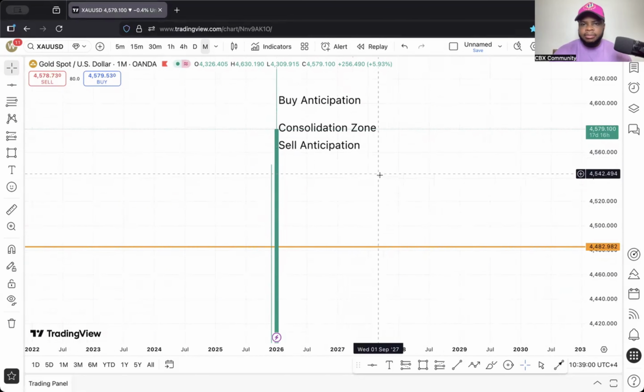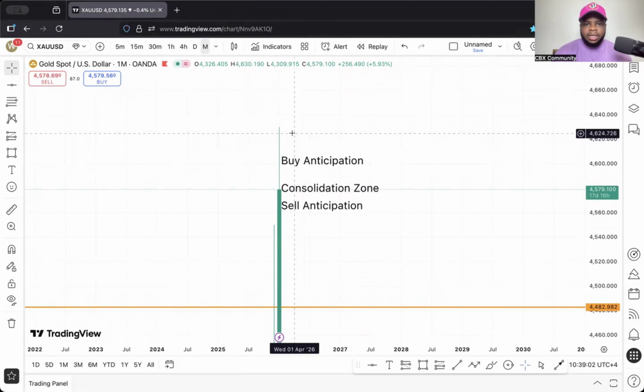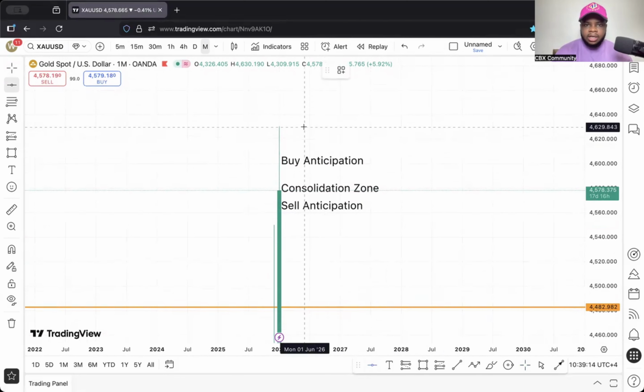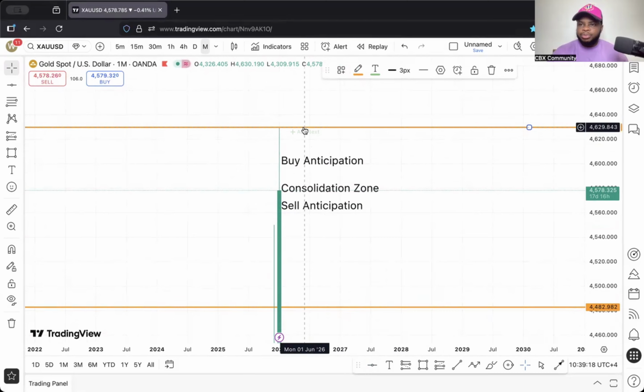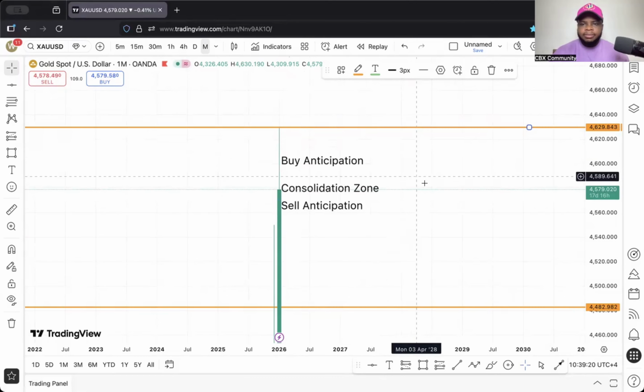So this is the high of this recent month candle. So this is the all-time high on gold as of yesterday. The candle came to this position as of yesterday. Let's identify this all-time high so that we'll be able to have an idea if the candle wants to break this all-time high.